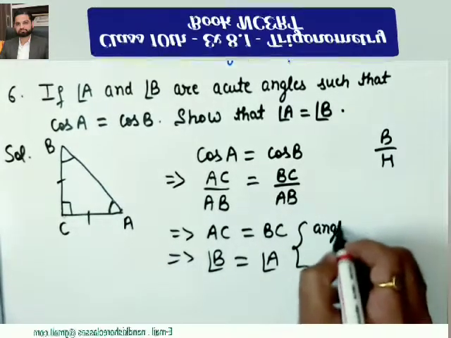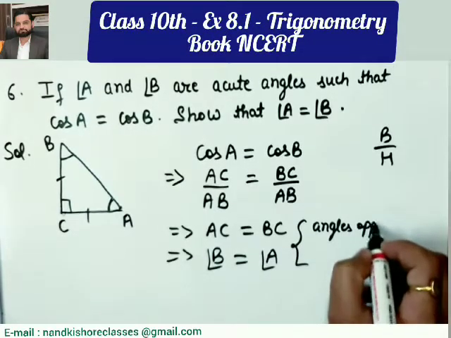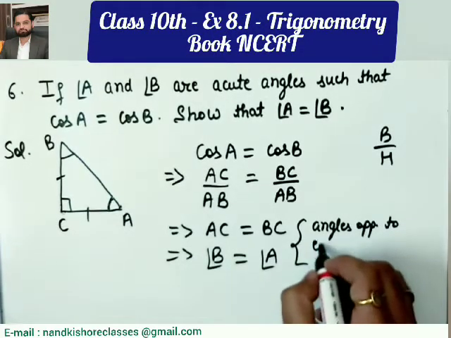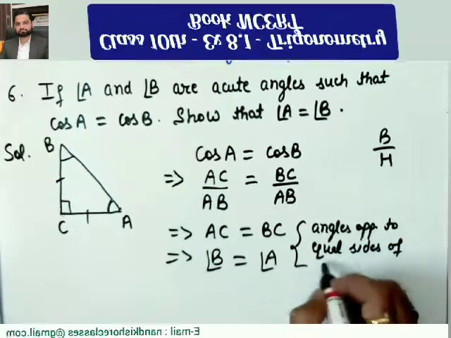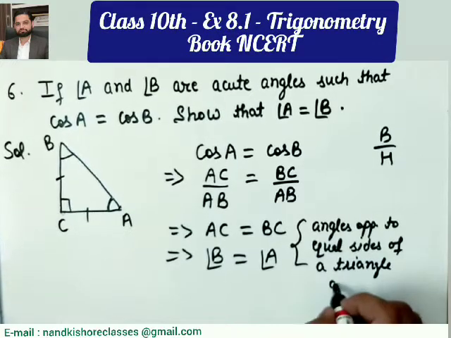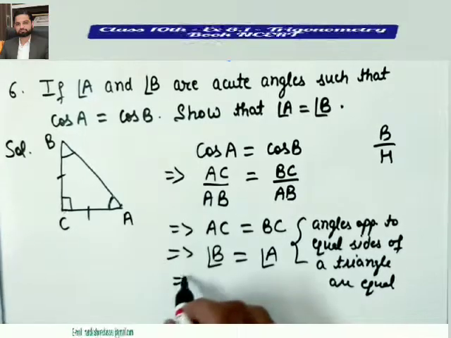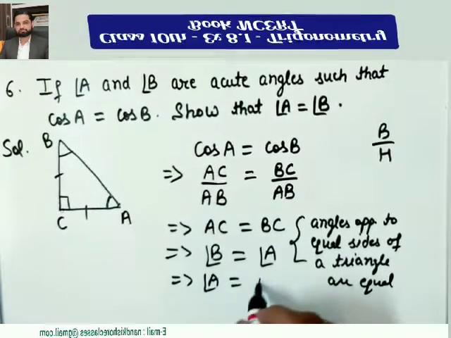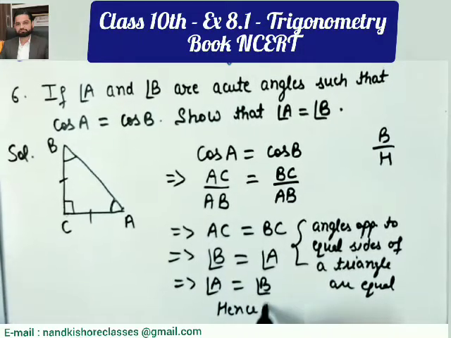There is a property we have studied in 9th class: angles opposite to equal sides of a triangle are equal. I hope you are clear with this. Implies I can also write angle A is equal to angle B, hence proved. This is what I wanted to prove.